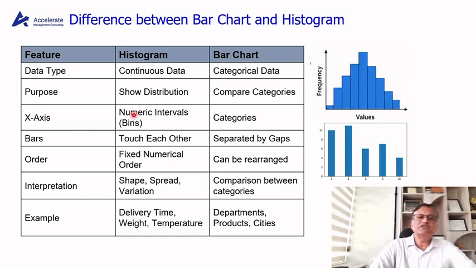Generally, on the x-axis in a histogram we will have bins of numeric intervals, and in a bar chart we will have categories. Bars are touching each other in a histogram, whereas in a bar chart they are separated by gaps. Order can be rearranged in a bar chart, whereas order is fixed in numerical order in a histogram.